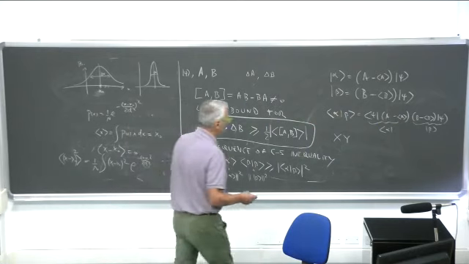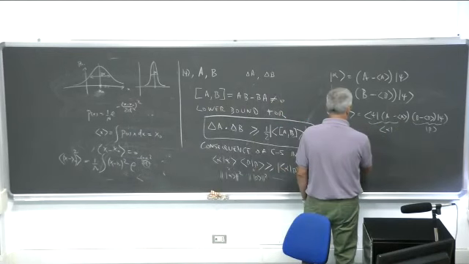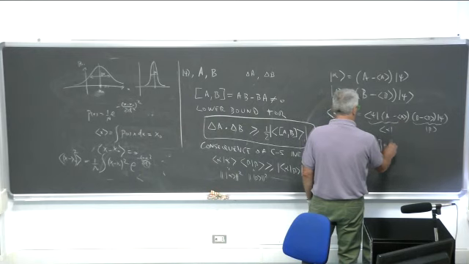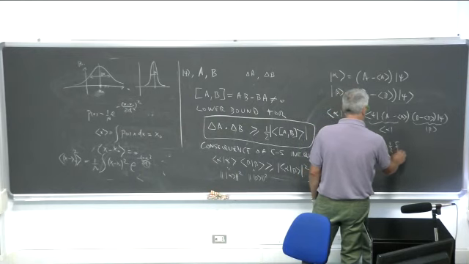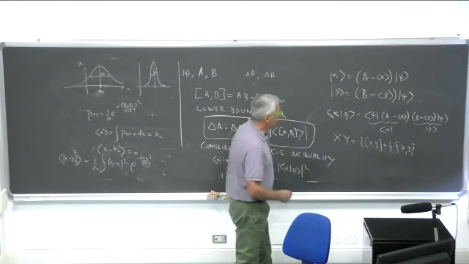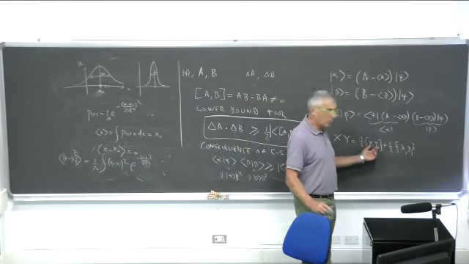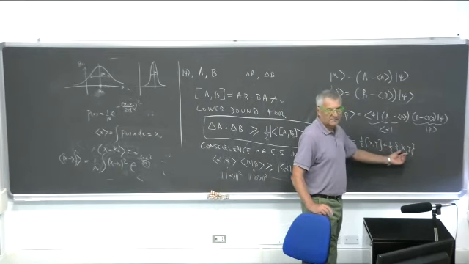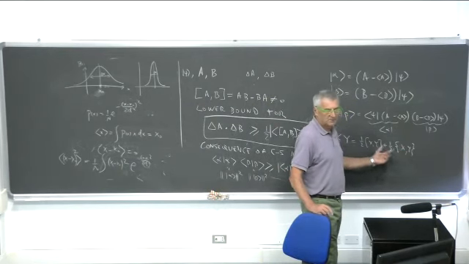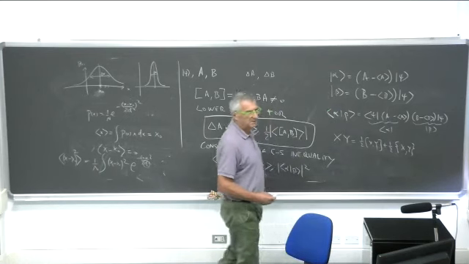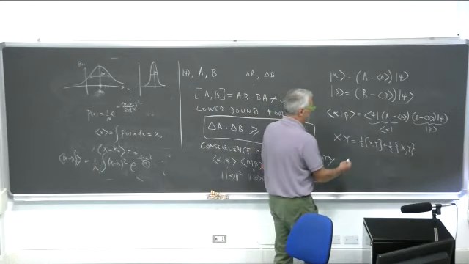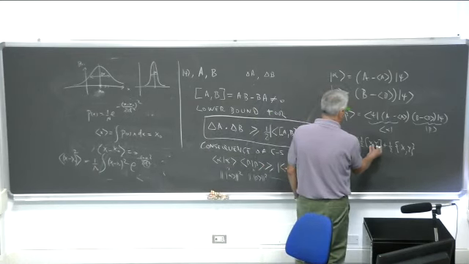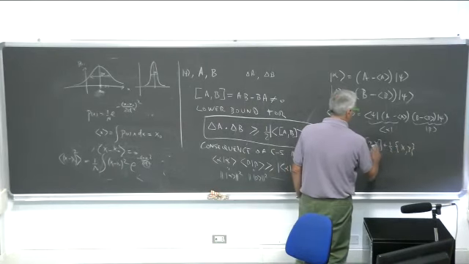This is 1/2 xy minus yx plus 1/2 xy plus yx. This is the minus, this is the plus. The opposite order cancels between these two, right?